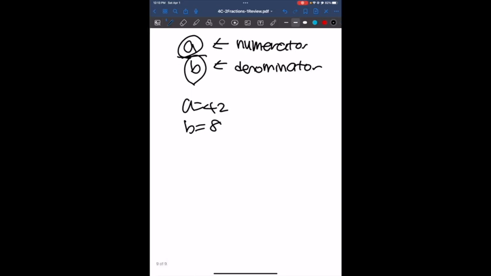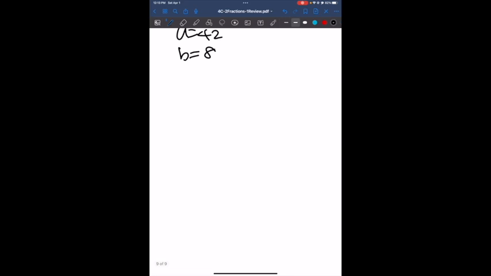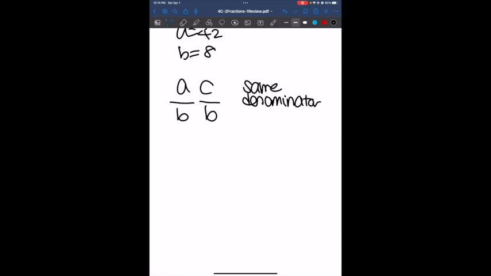And also, we're going to go over concepts where we have to compare two fractions. For example, if we have a over b and c over b, this is a scenario where the denominator is the same, but the numerator is different.